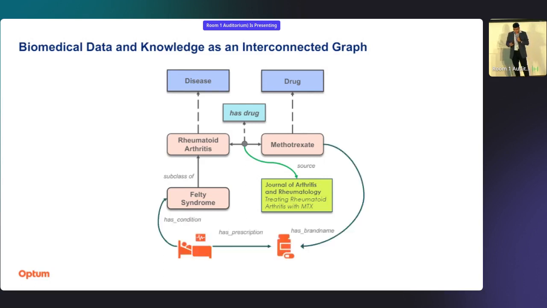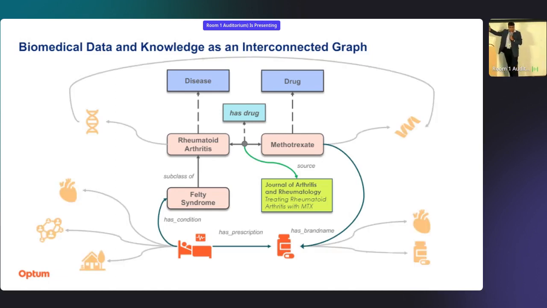And you can start bringing in a lot of other patient data associated with this. For example, the conditions that a patient has, the prescriptions that a patient is taking, and you can start building out this graph. You can start including their family history, their environmental data, the patient's comorbidities, the genes that are associated with the disease, the protein drug interactions, side effects of a drug, drug interactions.